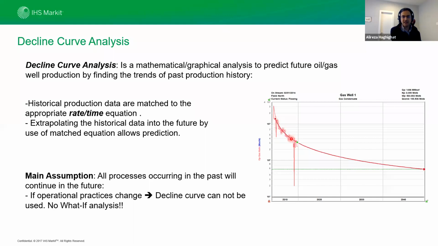This could be a curve or maybe a line, a relationship or a correlation that goes through these data. We want to have the best fit. When we are happy with this fit, we are able to extrapolate it and forecast the well performance. So this is decline curve analysis. You need to make a fit through this production data. When you are happy with the quality of the fit, that's a reliable fit, you can use it for your forecast.